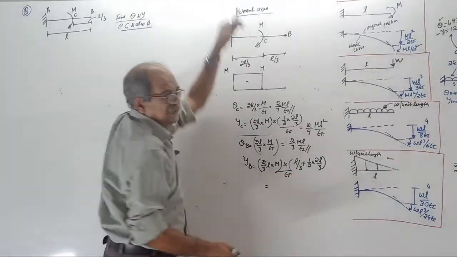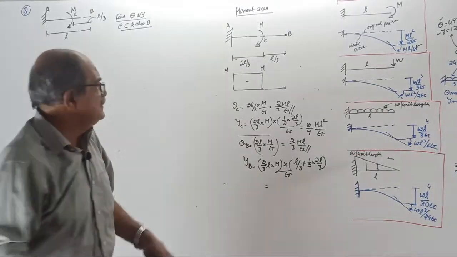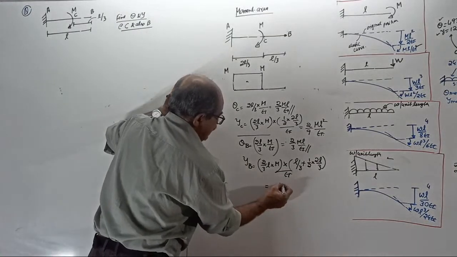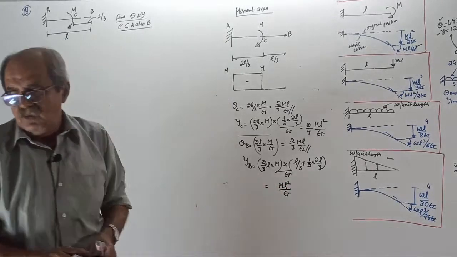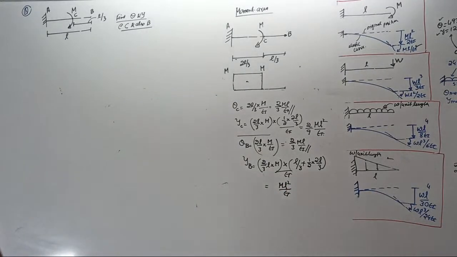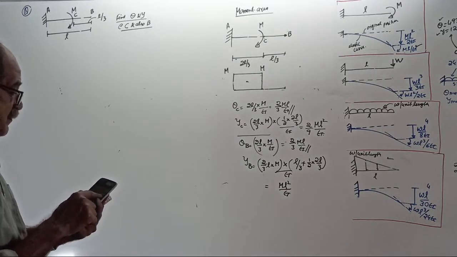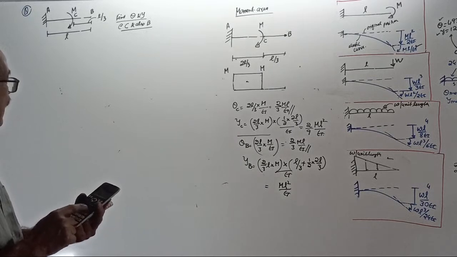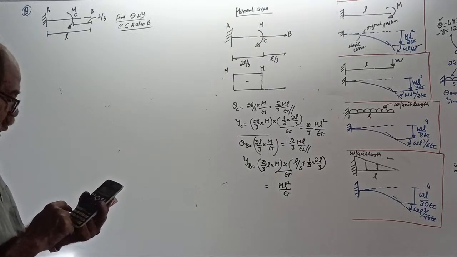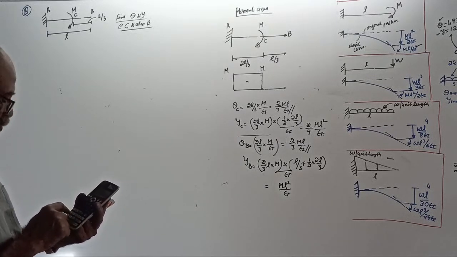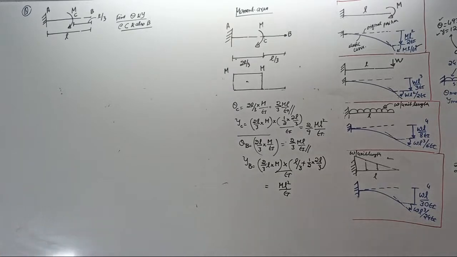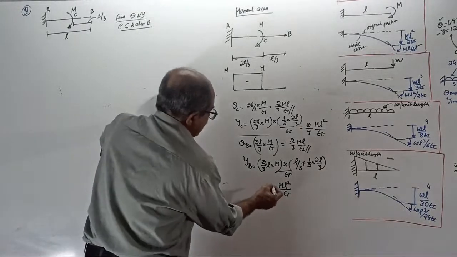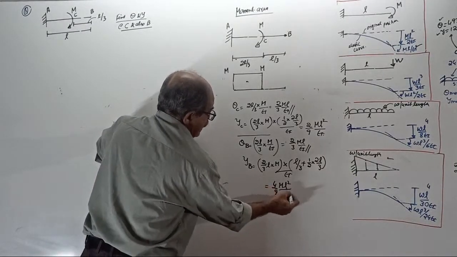Tell the answer. This will also come in terms of ML square by EI. What is the number? 2 by 3 into bracket 1 by 3 plus 1 by 3. 4 by 9? Okay, it is 4 by 9 ML square by EI.